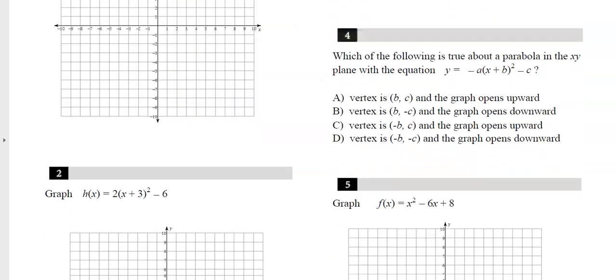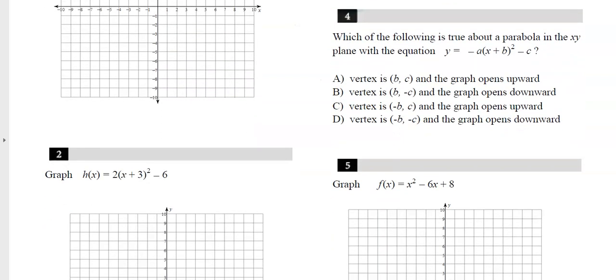All right. Number 4, which of the following is true about that parabola there? So this is an SAT style question. No numbers, but you need to know what they mean. So the first thing is, it looks like we're talking about the vertex and opening up or down. Well, the easiest thing to see first is, since this is a negative, we're opening down. All right, it looks like that.